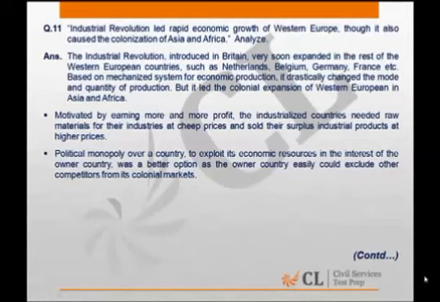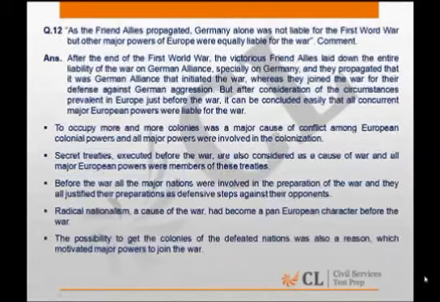The aim of colonization was to capture raw materials, to exploit cheap labor, and to produce a new market, which later led to war between these countries. These are the broad lines of this question. Question number 11 done. Question number 12.